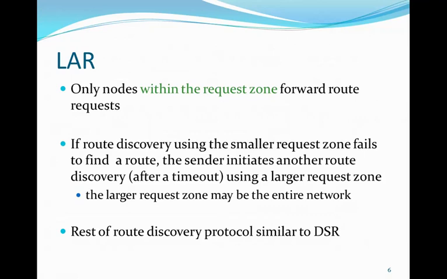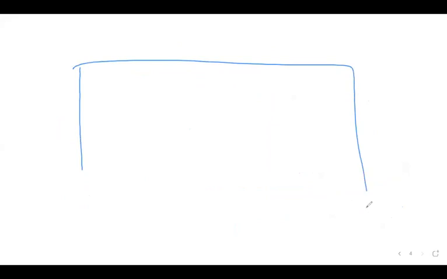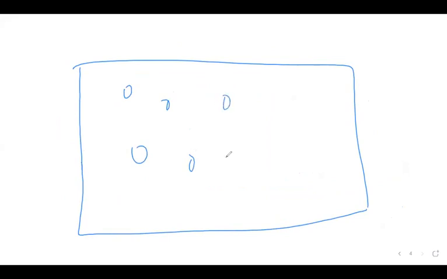If route discovery using the smaller request zone fails, as I told you earlier, for example, if we have defined a request zone over here as we did in the last example, this is our network space, and we define a network zone over here in this region, and this is the source node, but we are unable to find the destination node in this network zone, our expected zone.